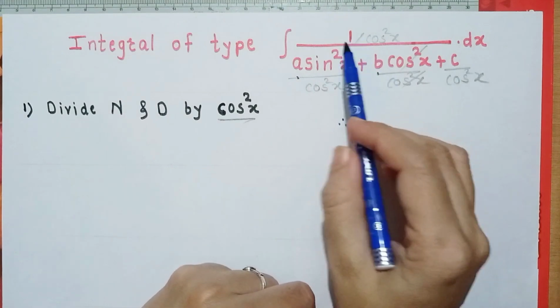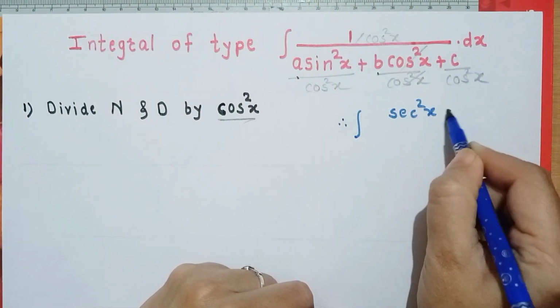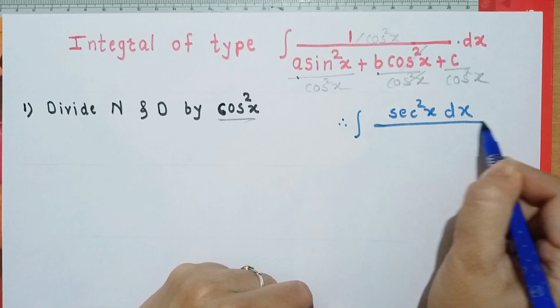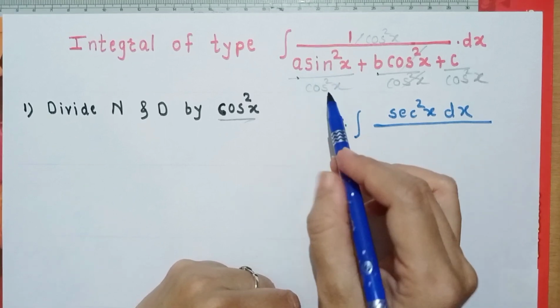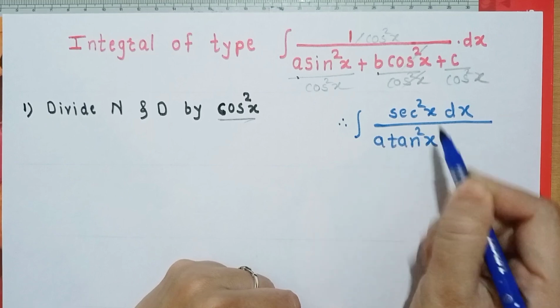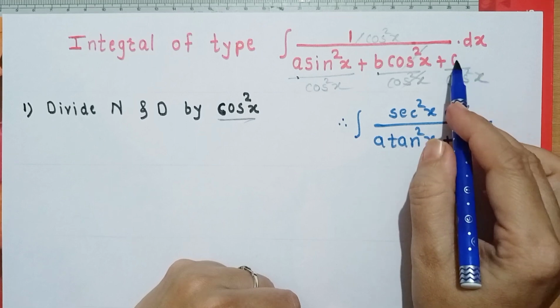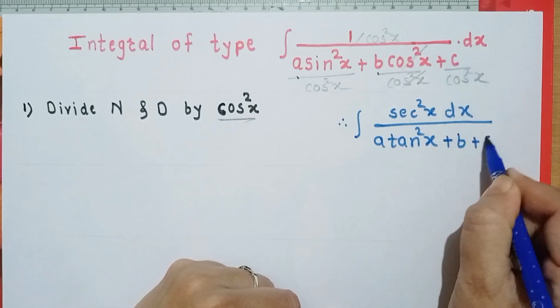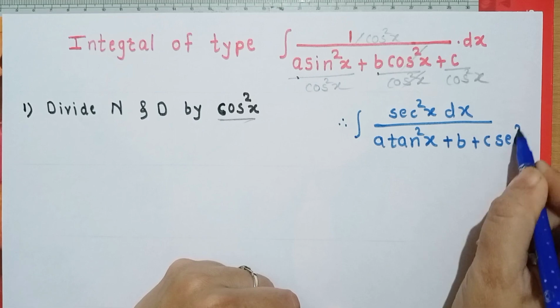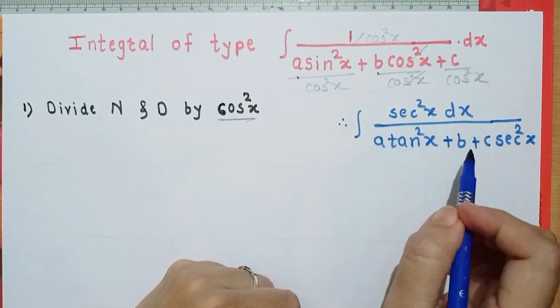So here we get 1 upon cos square x, meaning sec square x, dx, and in the denominator sin square x upon cos square x means tan square x, and this cos square gets cancelled. So simply we will write b, and c upon cos square means c sec square x. So the integral will be of this form.